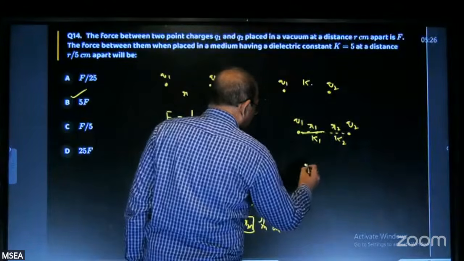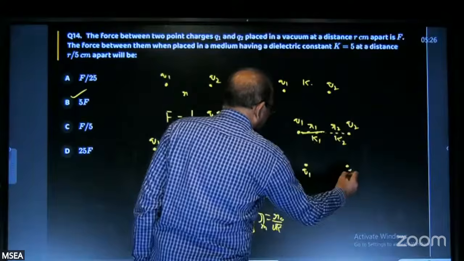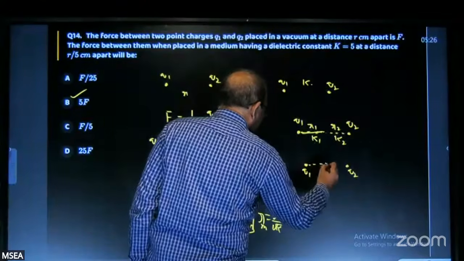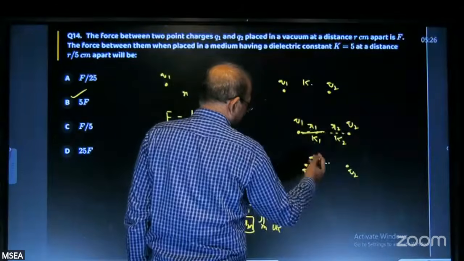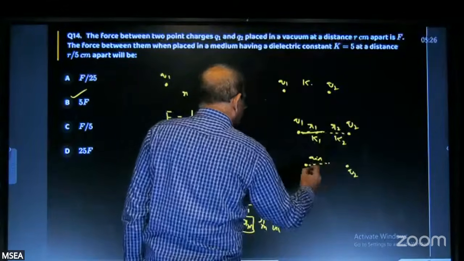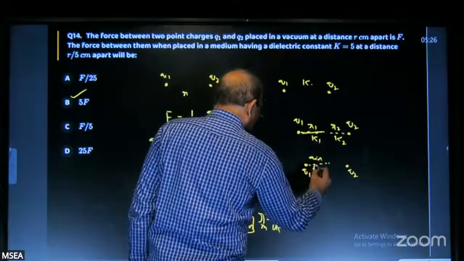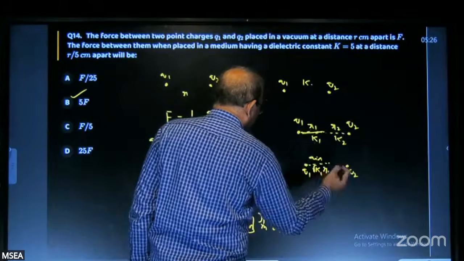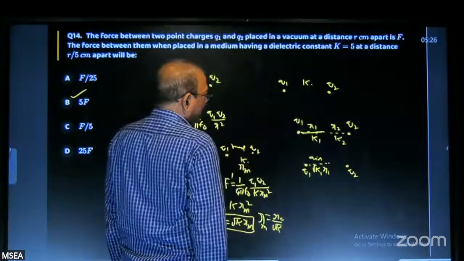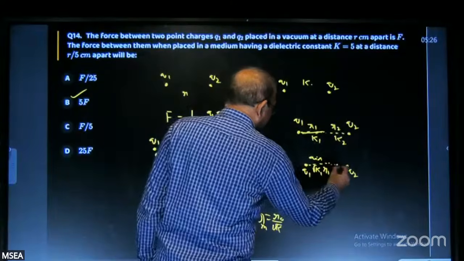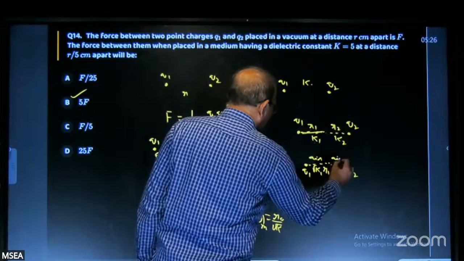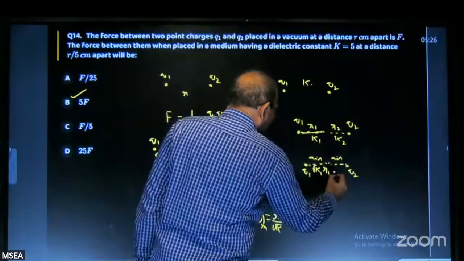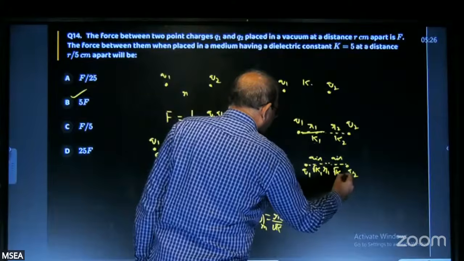So between Q1 and Q2, instead of this first medium, I am taking air or vacuum, occupying a distance of root K1 times R1. And instead of the second medium of K2 occupying R2, I am also taking air, but with distance root K2 into R2.